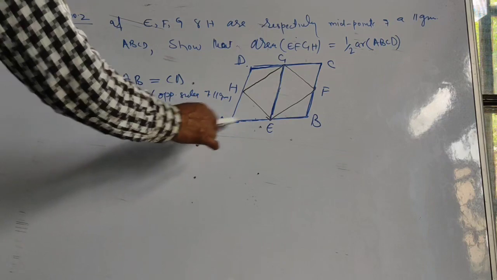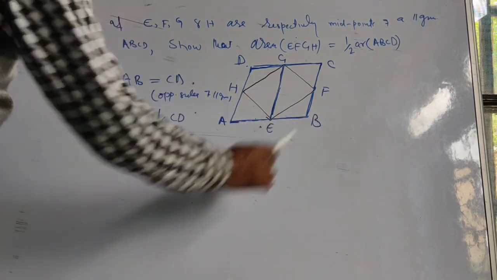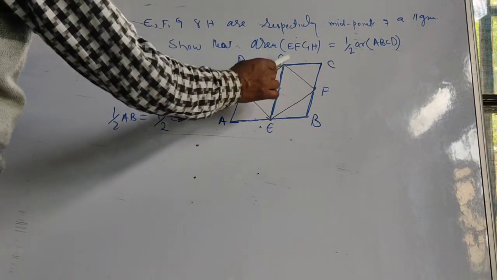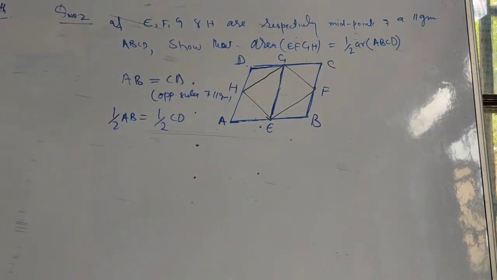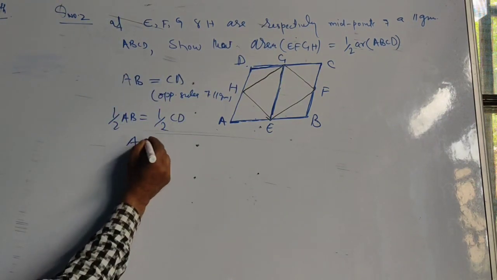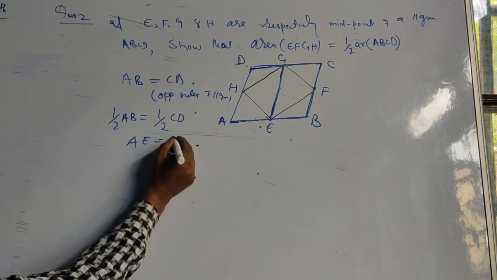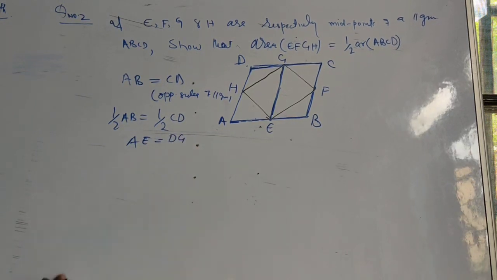See for yourself, what is 1/2 of AB? It is AE or EB. 1/2 of CD is DG or CG. That is AE is equal to DG.